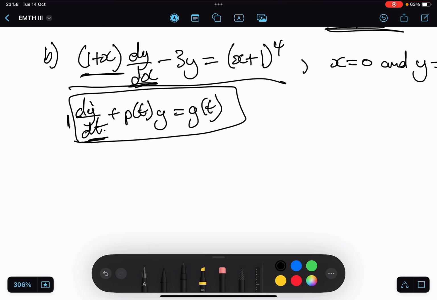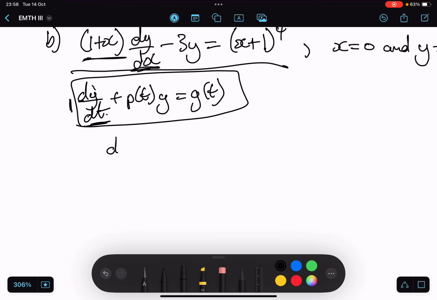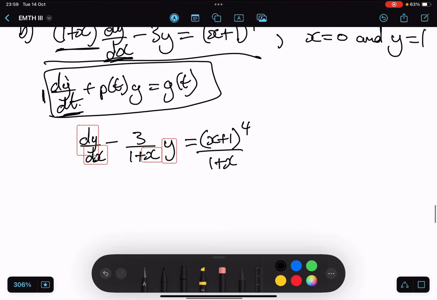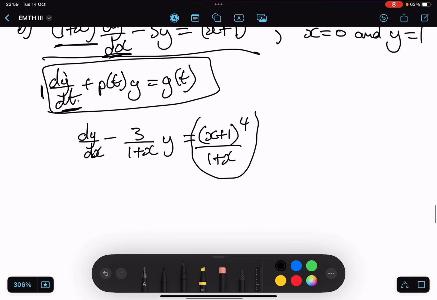By 1 + x. So we have dy/dx - 3/(1 + x) y = (x + 1)^4/(1 + x). We can simplify this, because this is to the power 1 and this is to the power 4, so this is going to be 3.